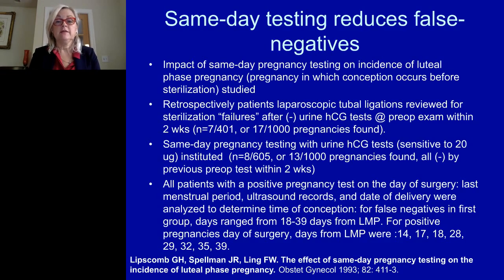So basically what they did was look at the last day of the menstrual period, ultrasound records and date of delivery and so forth, and they determined the time of conception for these cases. And for the false negatives that occurred when the testing was done within the 2 weeks prior to the procedure, the date of the pregnancy was determined to be between 18 and 39 days from the last menstrual period.